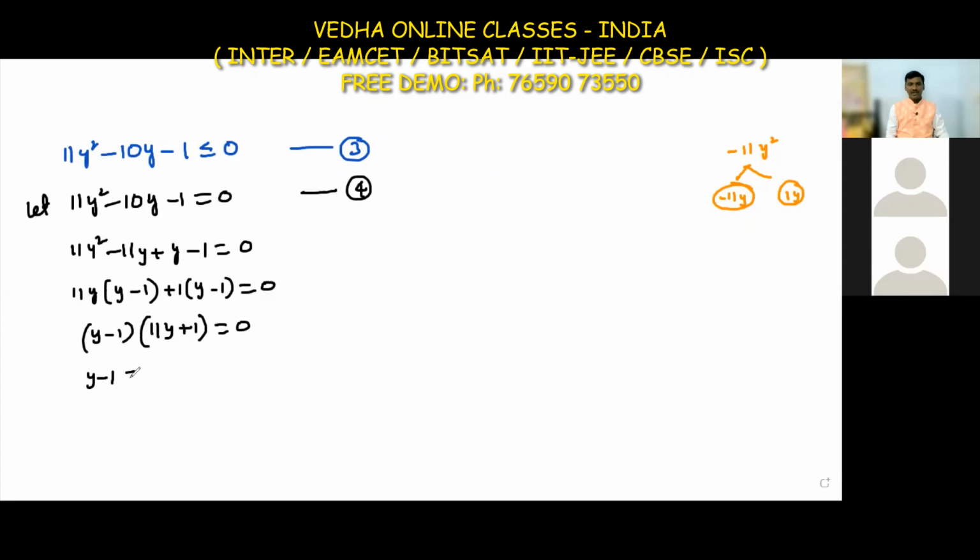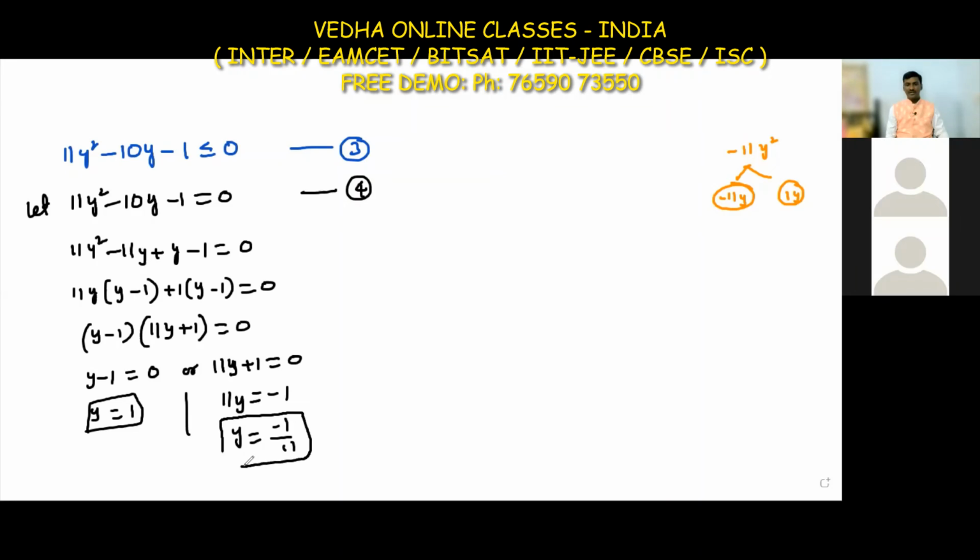Either the first factor y minus 1 equals 0, or the second factor 11y plus 1 equals 0. y minus 1 equal to 0 gives y equal to 1. 11y plus 1 equal to 0 gives 11y equal to minus 1, so y equal to minus 1 by 11. Always remember, write the smaller value on the left side and the bigger value on the right side. Negative value is always smaller, so I am writing it on the left side.